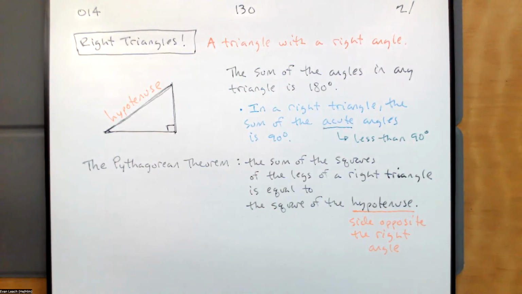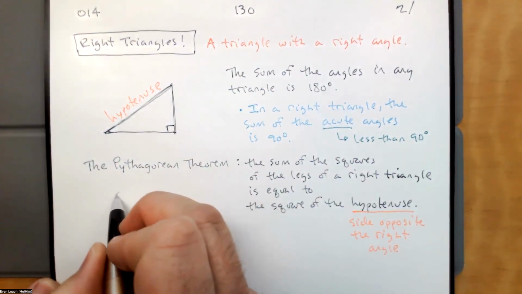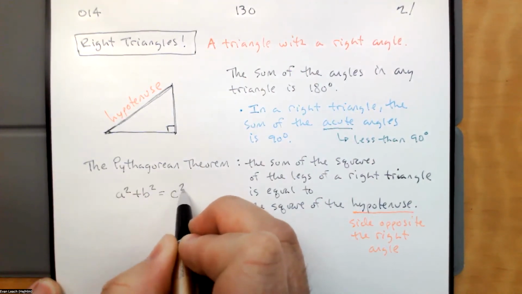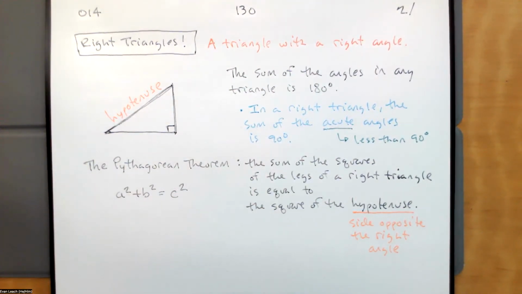So normally we write for the Pythagorean theorem, a squared plus b squared equals c squared. This does require that we put c in the right spot. A and b can be either of the legs, but c has to be the hypotenuse.